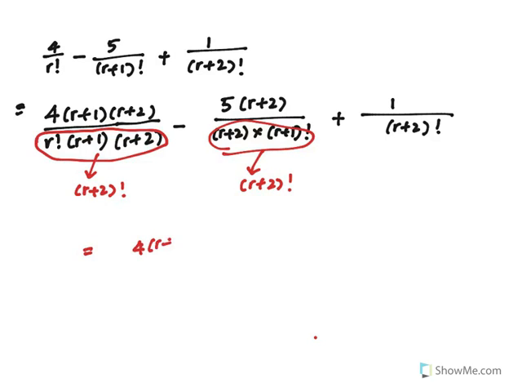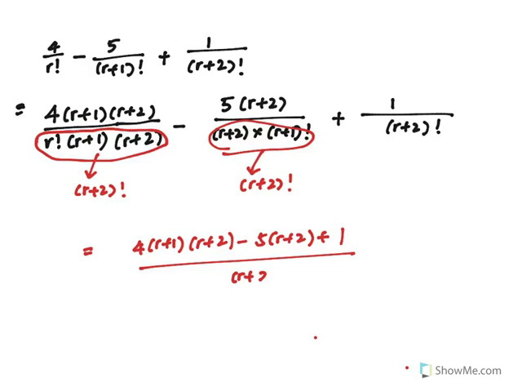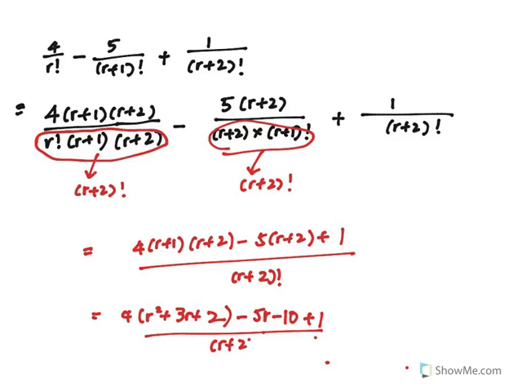So we have 4 times r plus 1 times r plus 2, minus 5 times r plus 2, plus 1, over r plus 2 factorial. Now we get a nice term. Simplifying, you have 4r squared plus 12r plus 8 minus 5r minus 10 plus 1 over r plus 2 factorial.